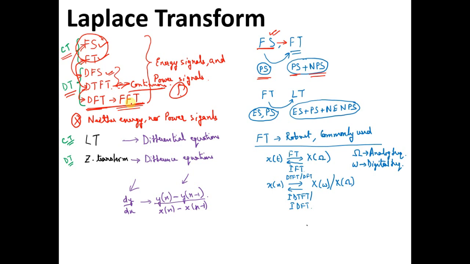Now, when we talk about all these Fourier transforms, whether Fourier series or Fourier transforms, what is the problem with this? The problem is that these were not capable of analyzing energy or power signals.